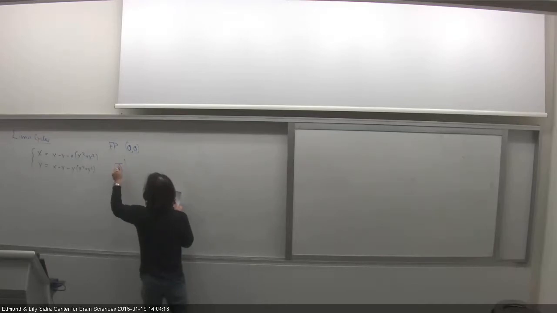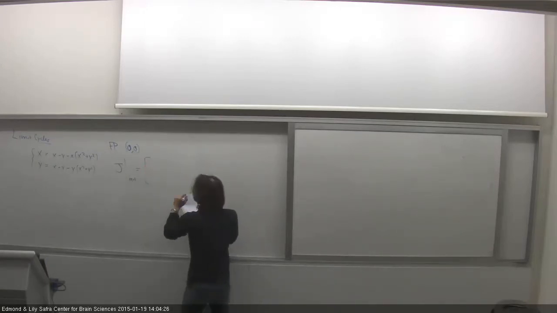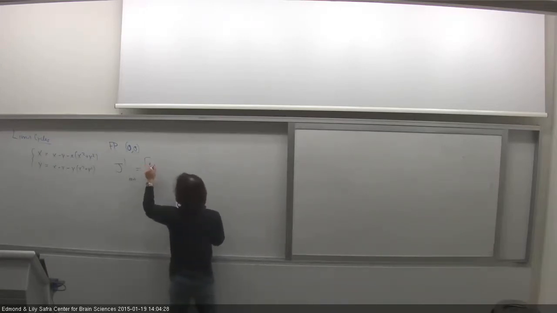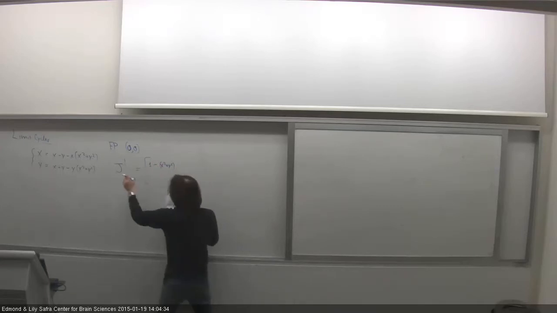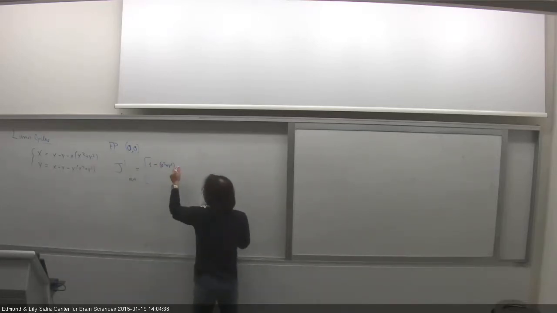Okay, so J at the fixed point. I'll write it first in the general form. So this is 1 minus x squared plus y squared, just by taking the derivative of this product, okay? Minus x times 2x, so this is 2x to the third.